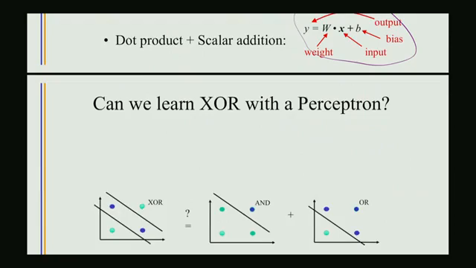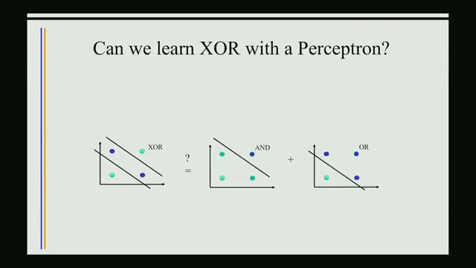Can we, for example, learn the XOR function with a single perceptron? You remember the XOR function, right?